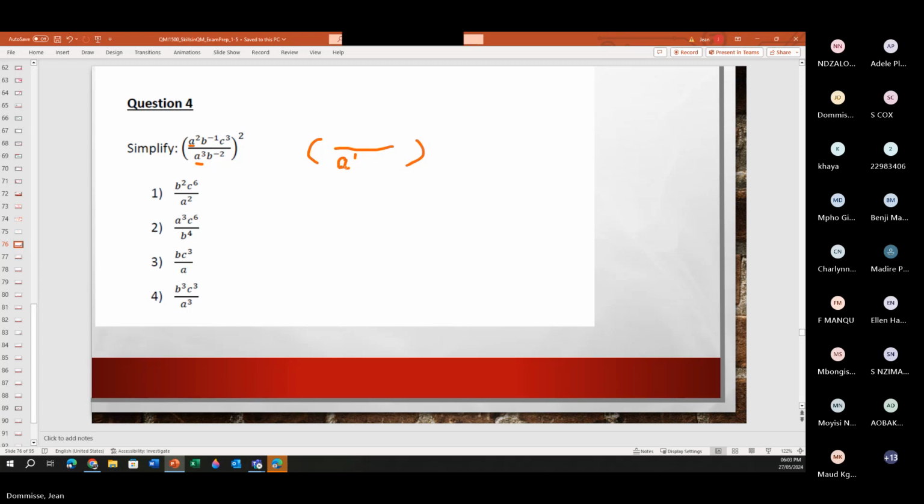So we know now at the bottom there is going to be an a. Okay, so one of them already cancelled out. So let's see, b minus 1 at the top, b minus 2 at the bottom, so at the bottom we've got a b minus 1 more.